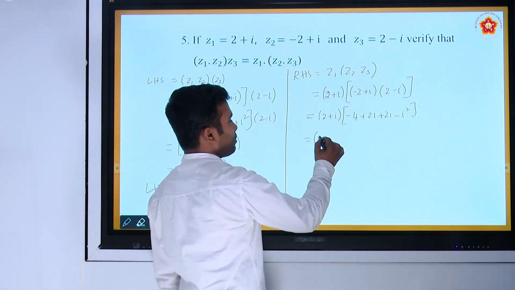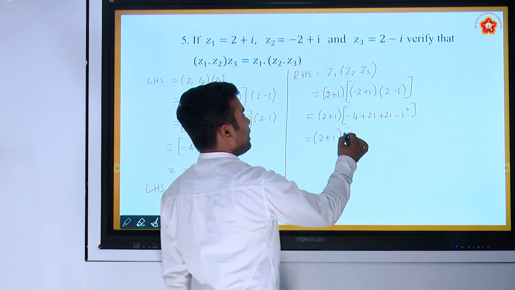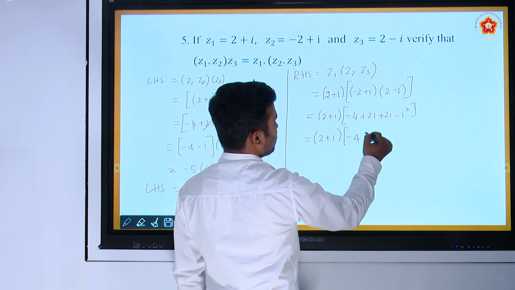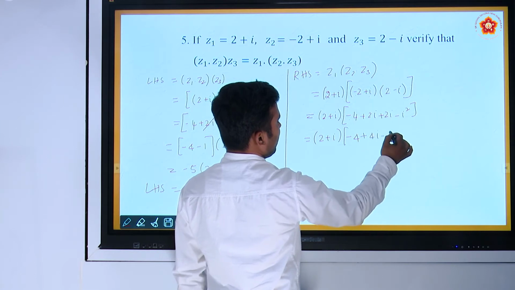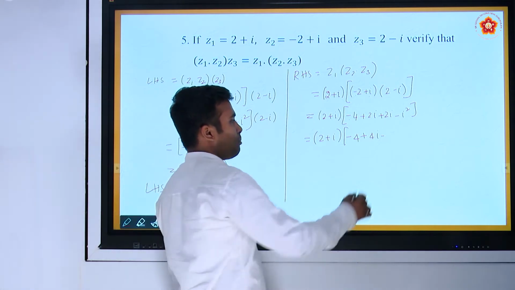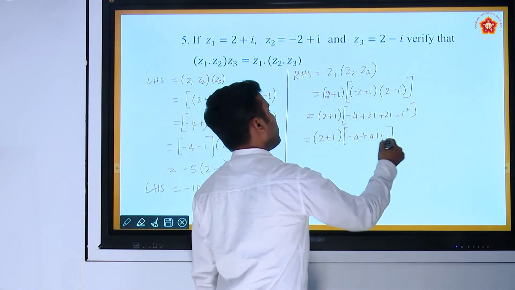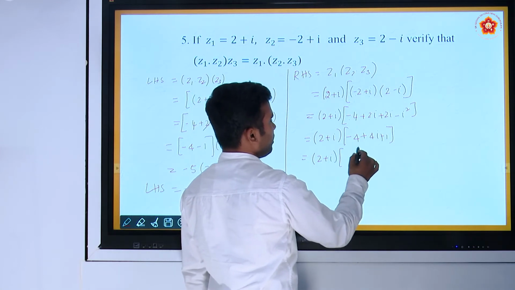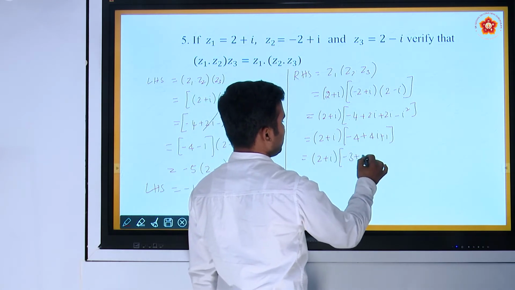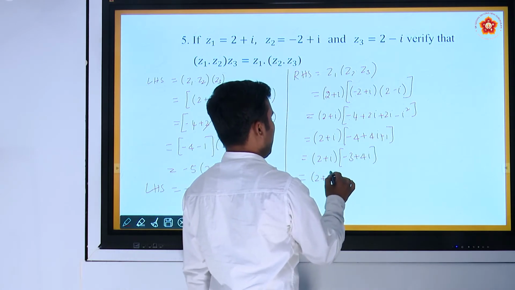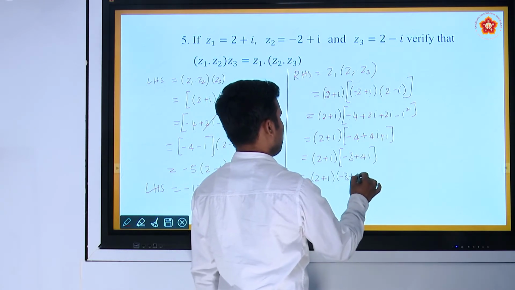So this is equal to 2 plus i into this one, minus 4 plus 4i, and if you substitute i square is equal to minus 1, it will be plus 1, which is equal to 2 plus i into minus 3 plus 4i.